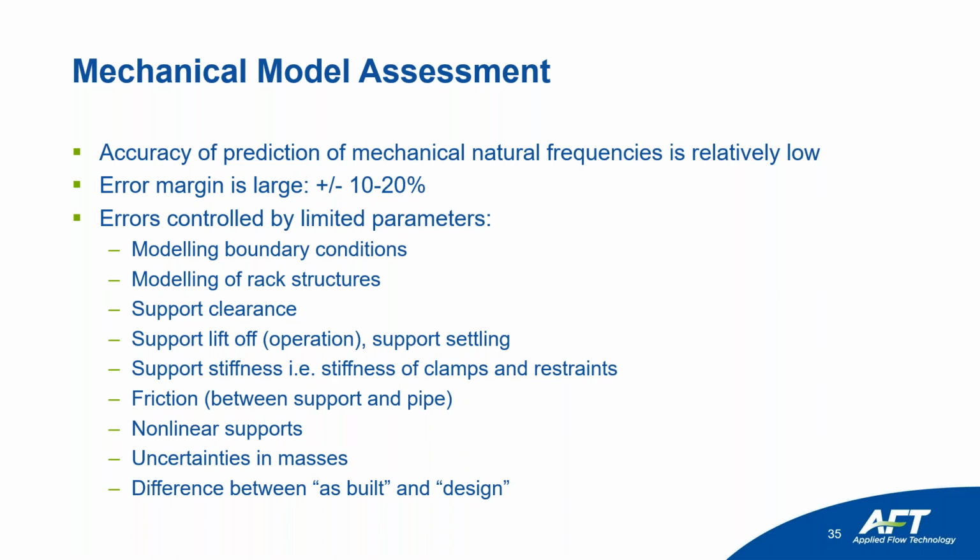And we know that when we do a mechanical model of a piping system, there are a lot of parameters that we can't control, like modeling boundary conditions, modeling the rack structures, support clearance, support lift operations, support settling, stiffness of clamps and restraints, friction, nonlinear supports, uncertainty of masses, difference between build and design.